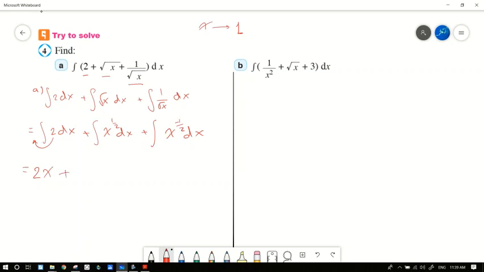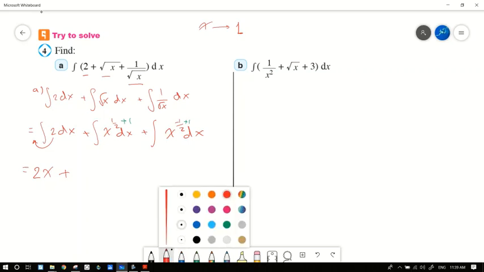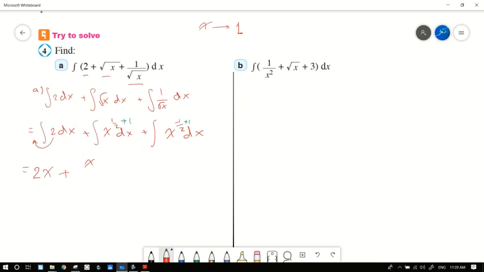Plus we will add 1 to the power, and here also we will add 1, and we will divide by the new power, so it will be x power 3 over 2 over 3 over 2 plus x power negative half plus 1, it will be half over half.